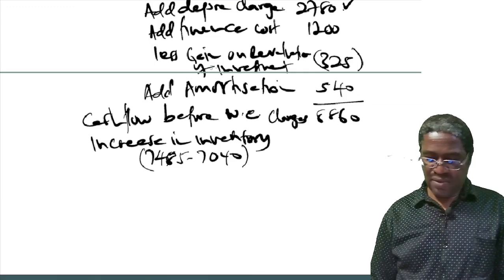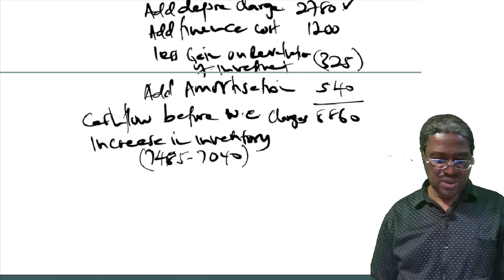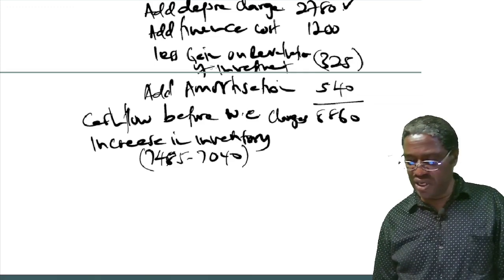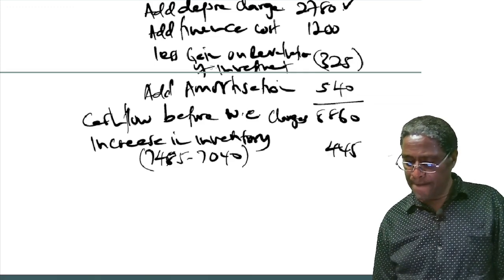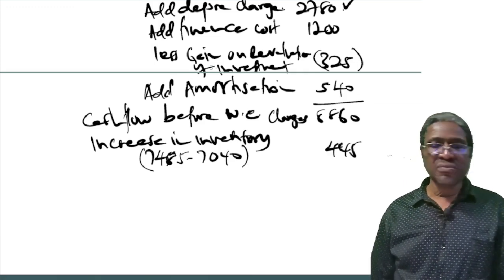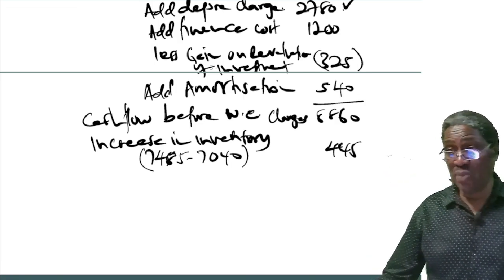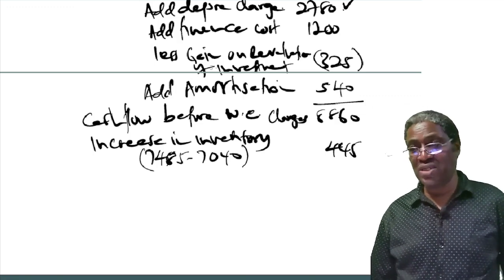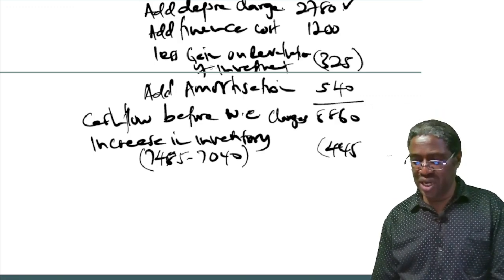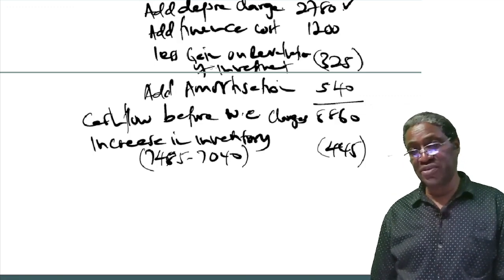This gives me 445. For stocks to go up, obviously, you must have purchased some more as a company. That is an outflow or a negative.